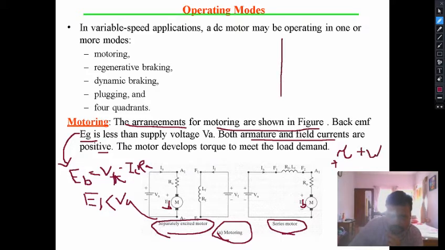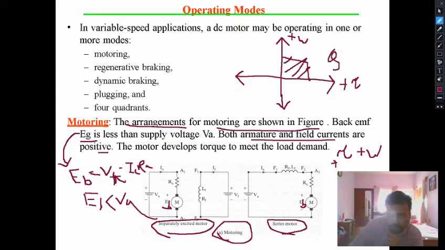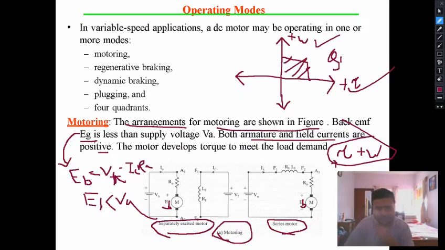That means if you see the speed torque plane, this is your output. It should be in the first quadrant operation. So both are positive. So this is positive and this is also positive, right?